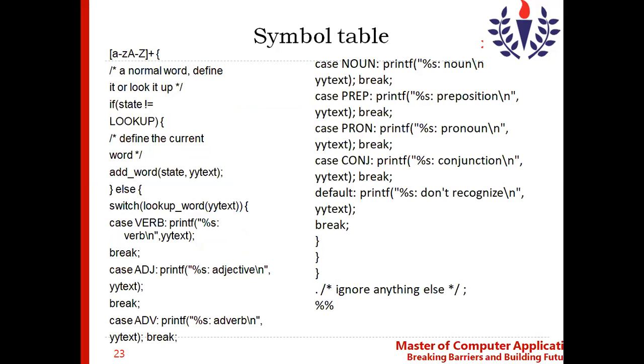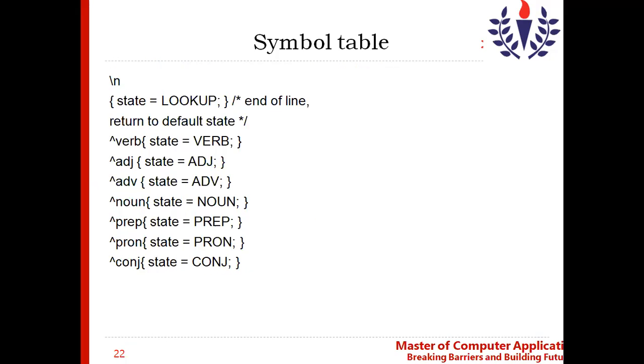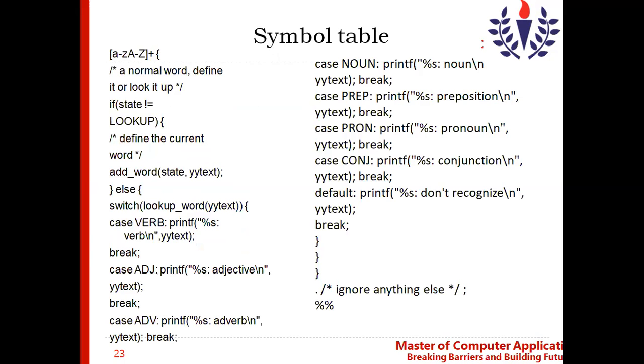When the state is not equal to 0, at the end of the line the state will be 0. Whereas when you start with some verb or adjective at the beginning of the line, the state will not be equal to 0.